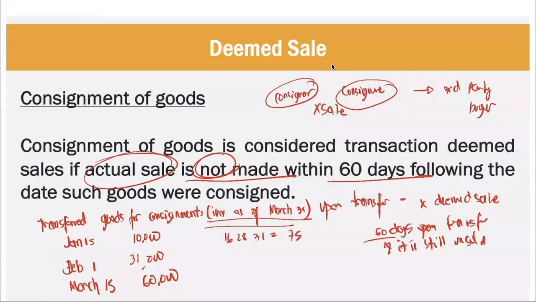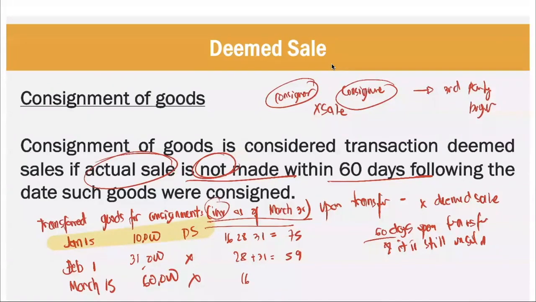So this is already beyond 60 days upon transfer and is still unsold kasi nga inventory siya. So this is considered deemed sale. Ito February 1, 28 plus 31, so we have 59, not yet a deemed sale transaction. Next, March 15, we have 16 days, not yet a deemed sale transaction.